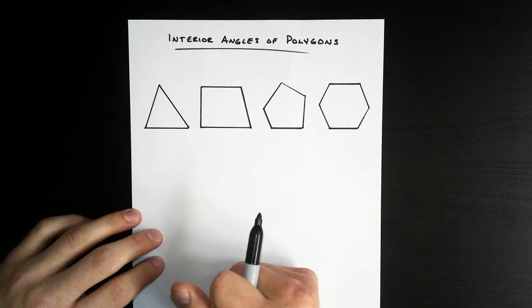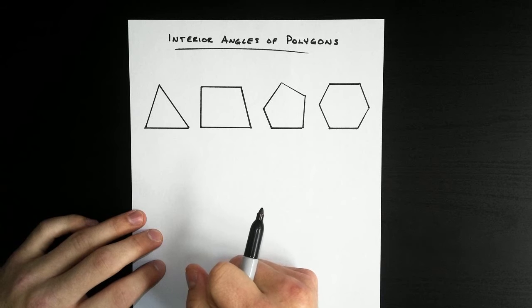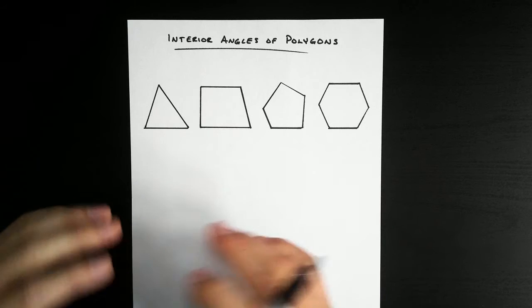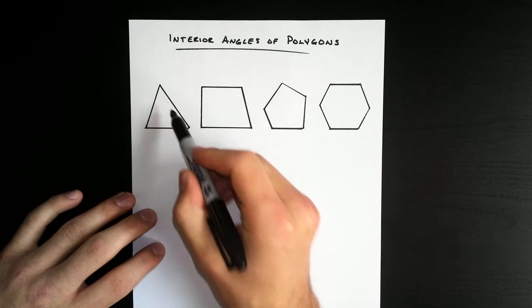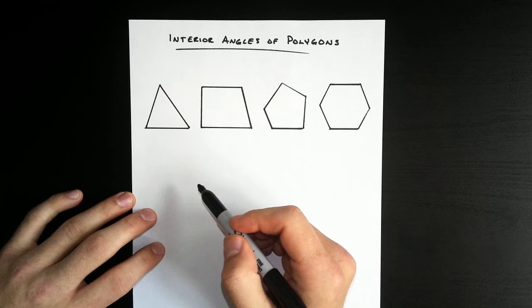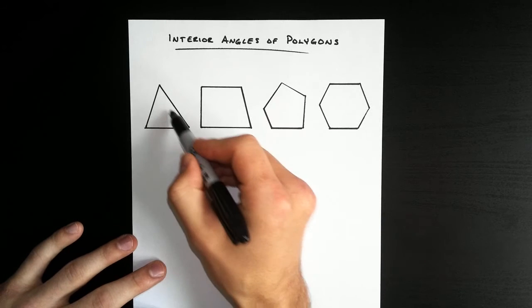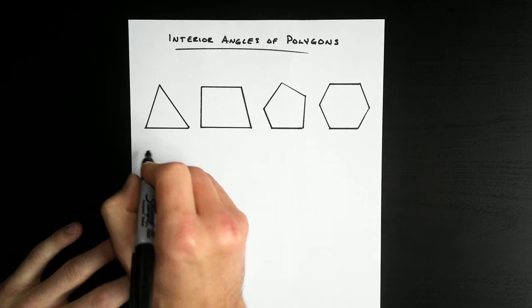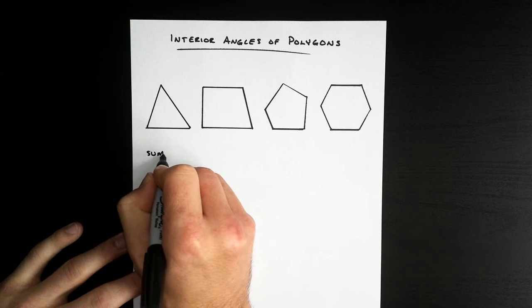Alright, and I want to come up with a shortcut to determine the sum of the measures of all the inside angles. If I add up all the angles on the inside, what does that equal? We already know for a triangle that the sum is 180.